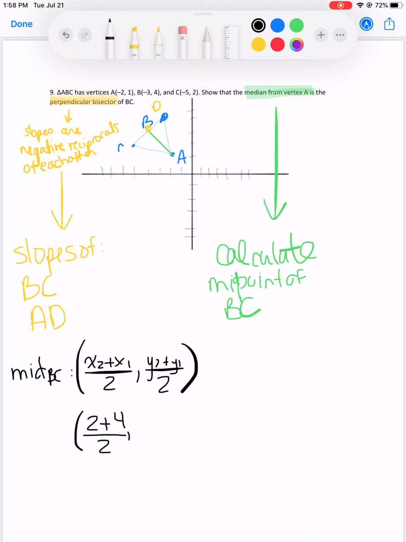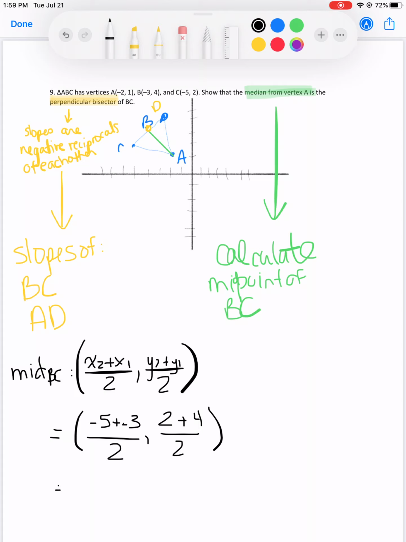Oh, I was doing the x's. The y's, sorry. Okay. -5 plus -3 over 2. And then we've got 2 plus 4.